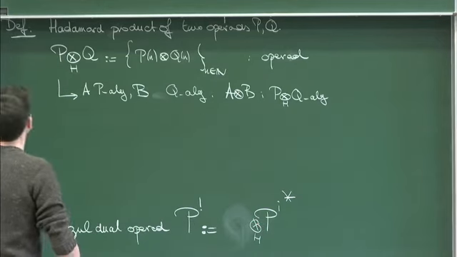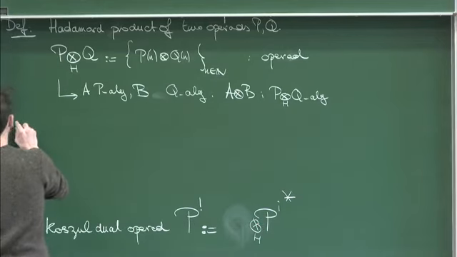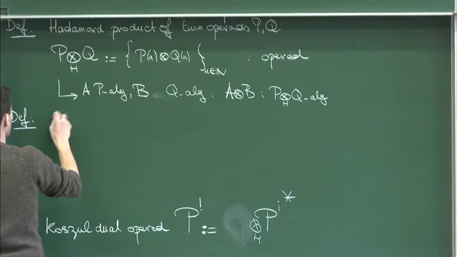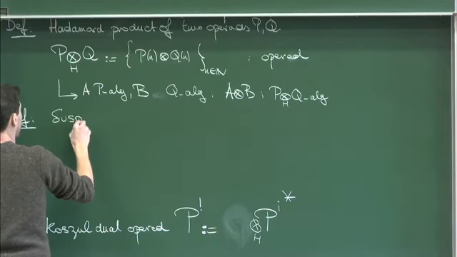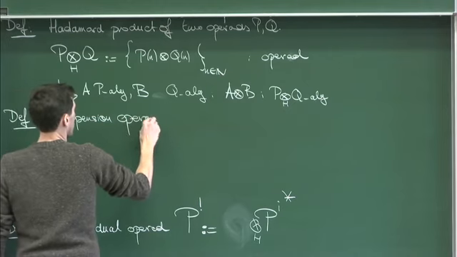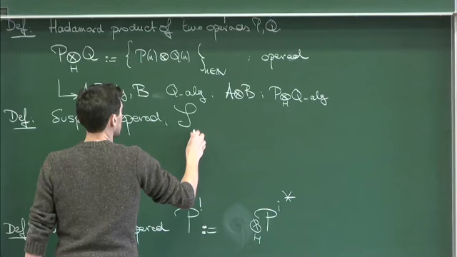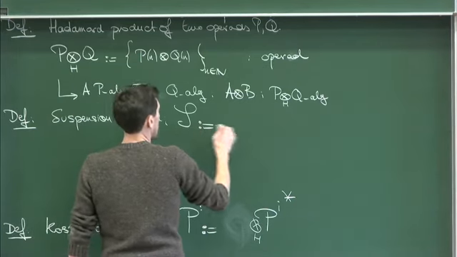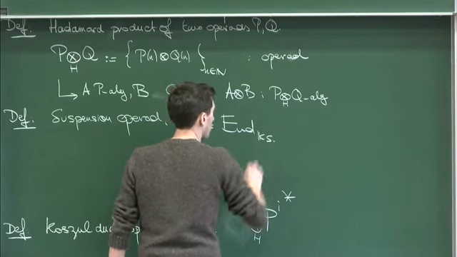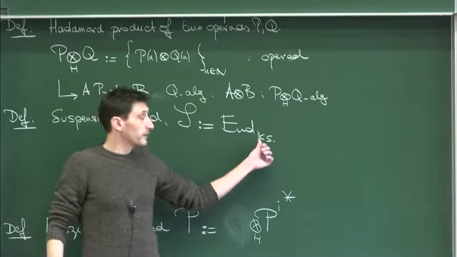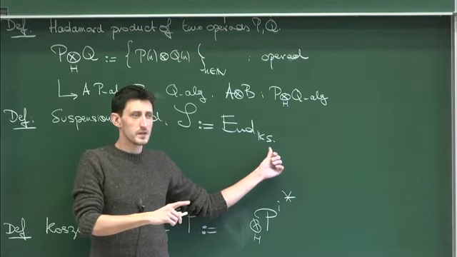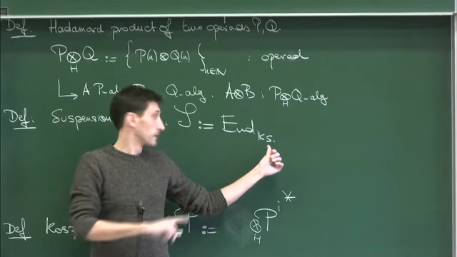But then, what I want is the suspension or desuspension operad. So what is the suspension operad? S for suspension. You can look at a very simple operad. You take a one-dimensional vector space concentrated in degree 1. That's the guy we saw last week during the exercise session.